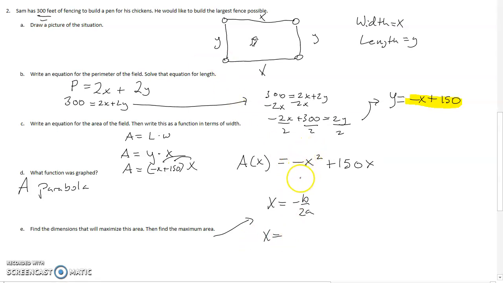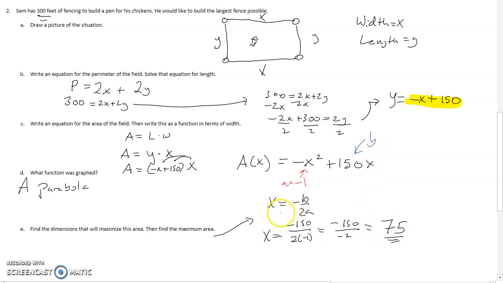The coefficient in front of x squared is our a value, so a is equal to negative 1, and the b value is going to be on the x term, so this is b right here. So it is going to be negative 150 over 2 times negative 1, which is negative 150 over negative 2. Negative 150 divided by negative 2 is 75.